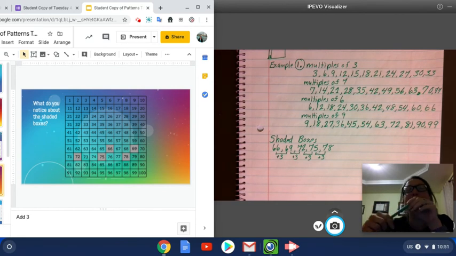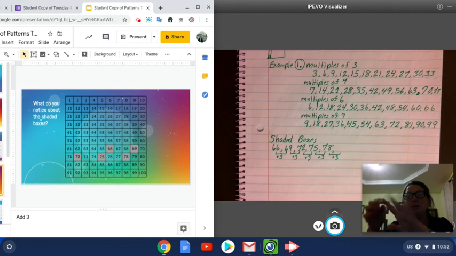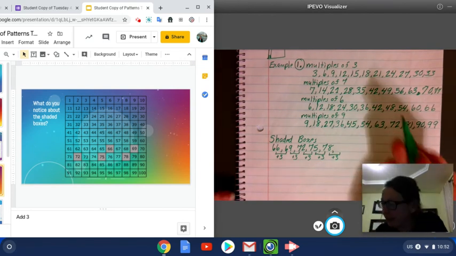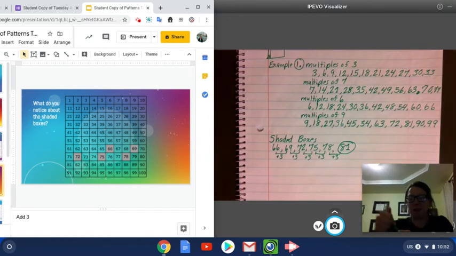What would we need to increase 78 by? We need to add 3. So 79, 80, 81 would be our next number in our pattern. Doing great, boys and girls.